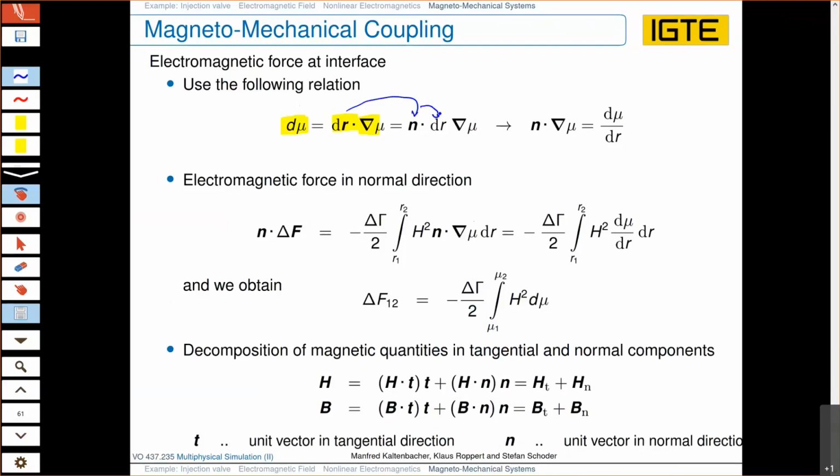Which means at the end, if we now put dr to the left-hand side, we get this relation that the total derivative of mu with respect to the direction r is the gradient of the permeability in normal direction, taking the scalar product with the normal.